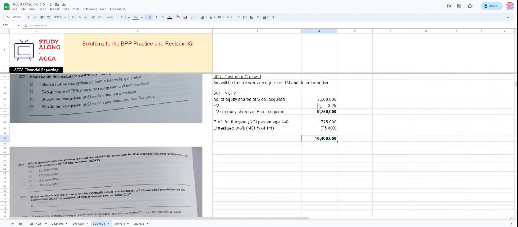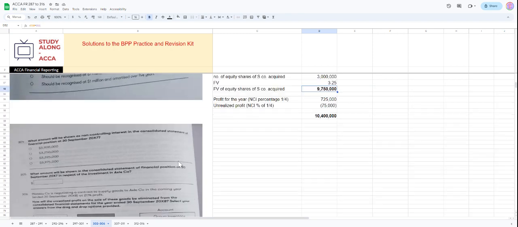NCI, there's something wrong we are doing probably with these decimal things, because 9750 is true. 303 we are doing, no, 304. So we have these four options, this is not coming any closer to this, we might have missed something.